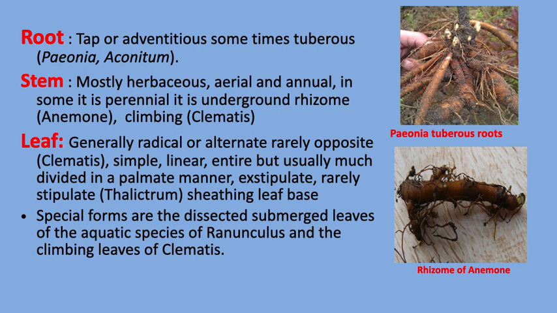Leaves are generally radical or alternate, rarely opposite, as in the case of Clematis. They are simple, linear, entire, but usually much divided in a palmate manner. The leaves are exstipulate, meaning stipules are absent, rarely stipulate, as seen in Thalictrum.